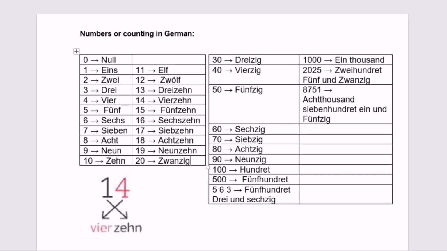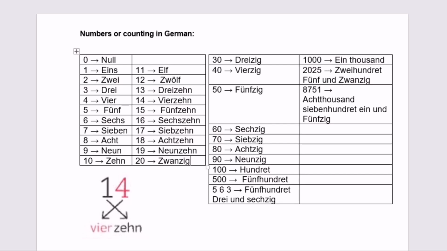So if we talk about 21, 22, it will be ein und 20. Und means and, so ein und 20 means 21. 22 means 22. 23, 24, 25, and the others as well.